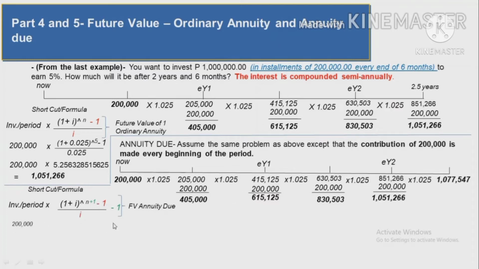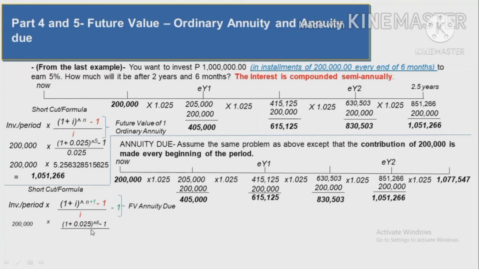Now, to guide you, since the formula has been complicated already, let's substitute the given in this formula. So you have 200,000 times 1 plus 0.025 raised to the power of 6. As you can see, in the previous we used 5, but since we are already on the annuity due, you added 1, so that's why it's 6. Before you solve any others, you need to solve first the 1 plus 0.025 raised to the power of 6 before you deduct the 1.